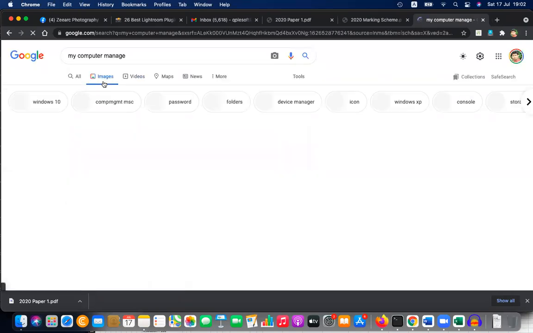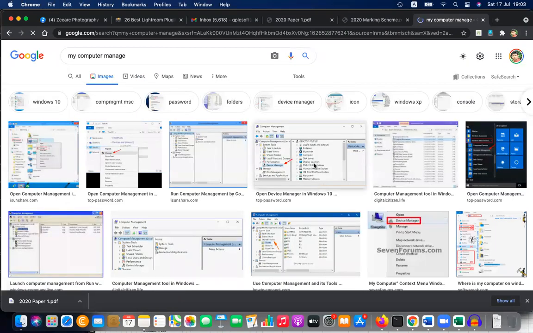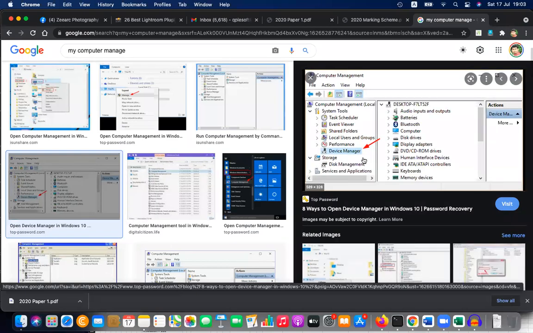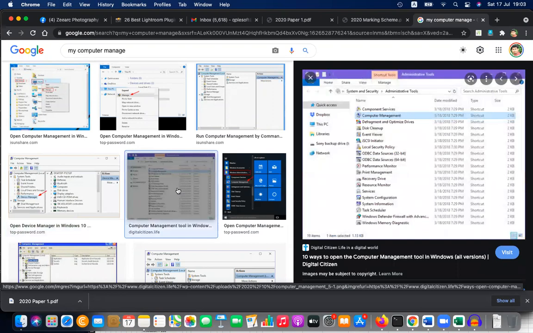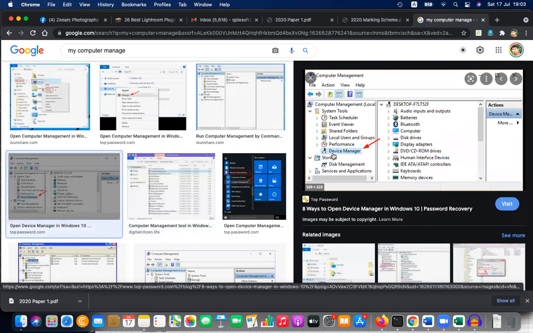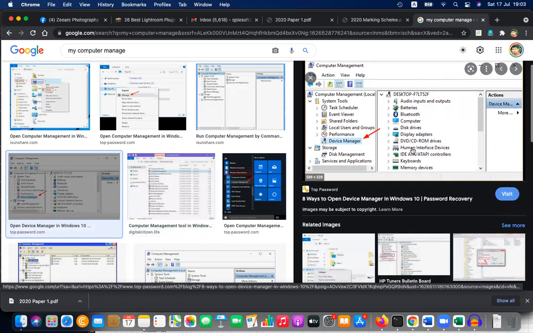There, go to Device Manager, select the memory device, and you can see the addresses reserved for it.